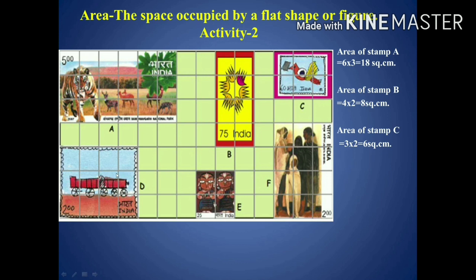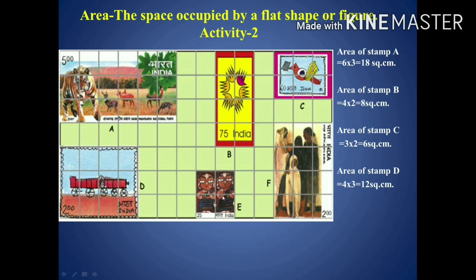Now stamp D, count the squares 1, 2, 3, 4. Then 1, 2, 3. So we can write it as area of stamp D equal to 4 multiplied by 3 equal to 12 square centimeter.